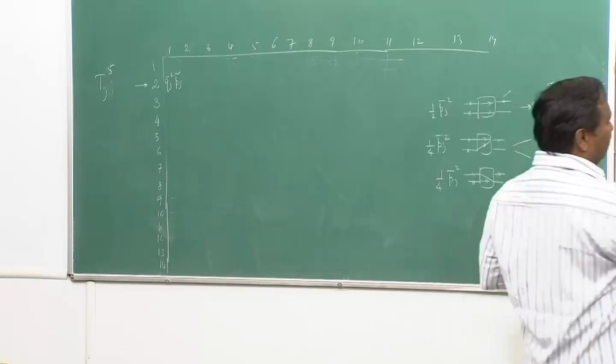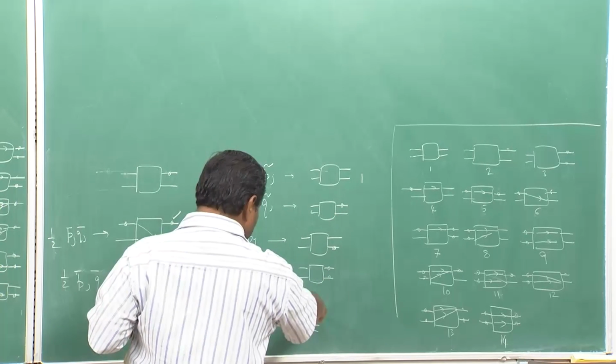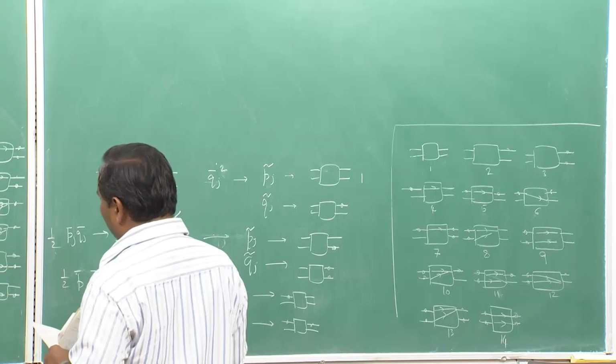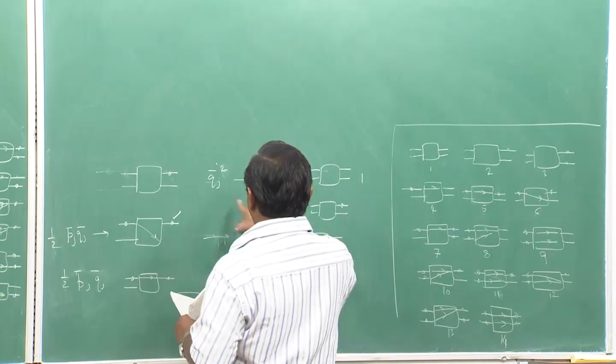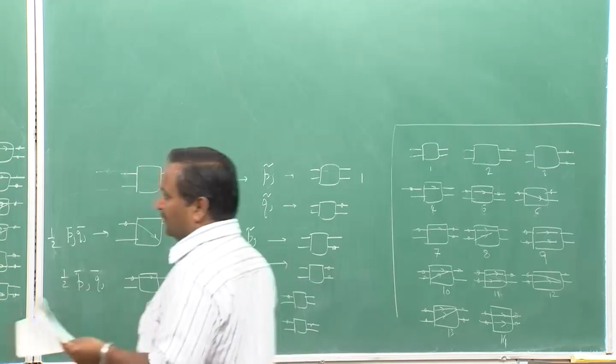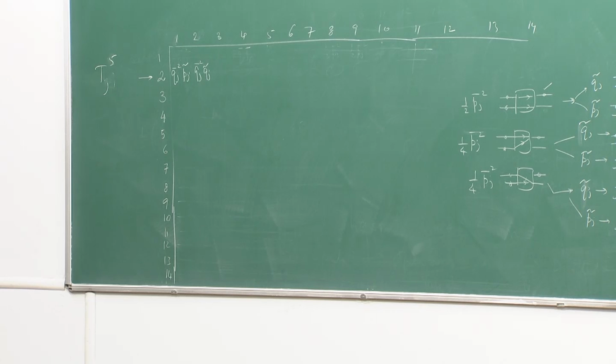Now, from here if I want to come to this state, I will come back to 2. Anywhere else am I repeating 2? No, I am not having 2 anywhere else. So, this will have a probability of Qj bar square Qj tilde.